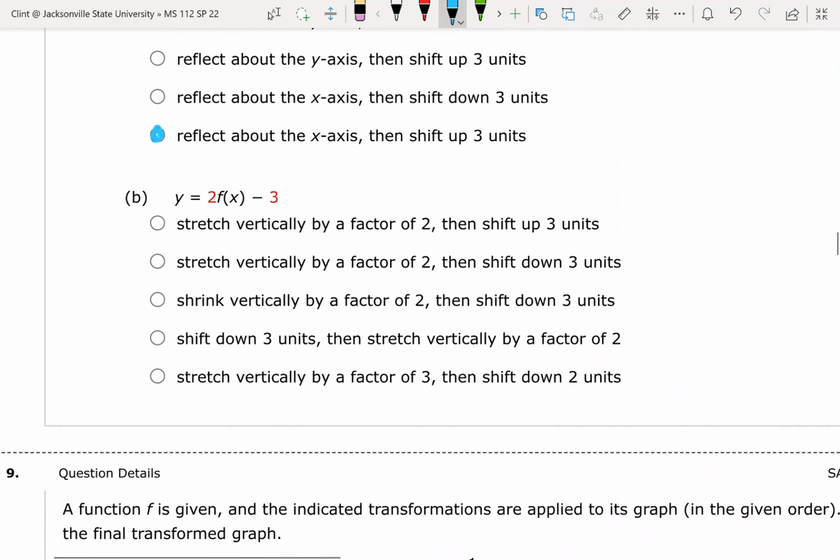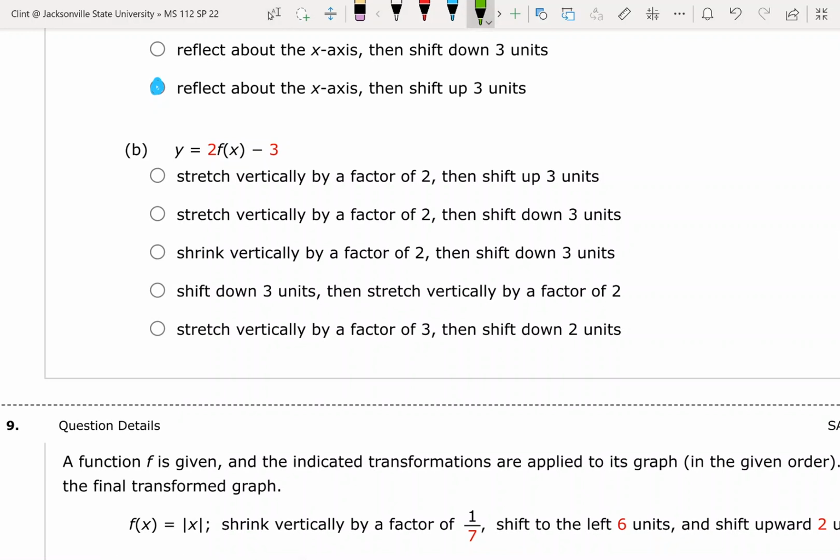And B, got a minus 3 out here, so we've gone down 3. Then we've multiplied by 2. So when we multiply by a number, that's either a stretch or a shrink.